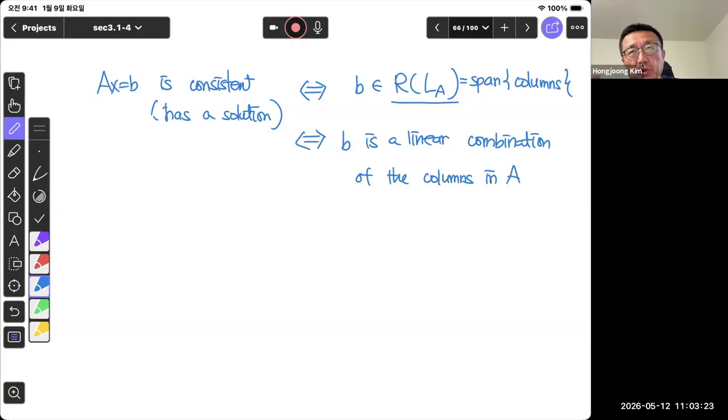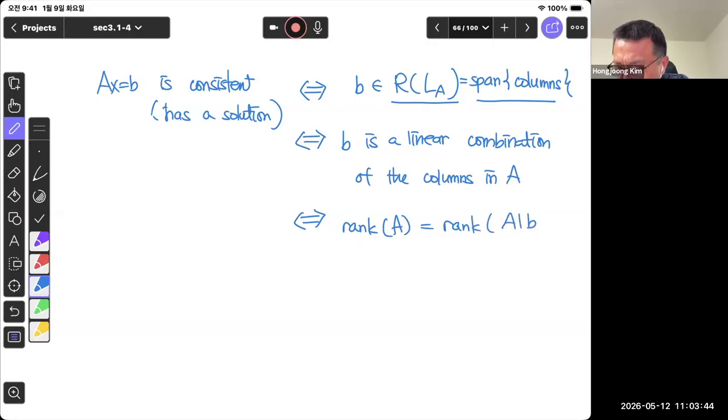So if B belongs to the span, then B is one of the vectors in this space, meaning B is a linear combination of the columns in A. And in that case, the rank of the coefficient matrix and the rank of this augmented matrix will be the same. Okay?